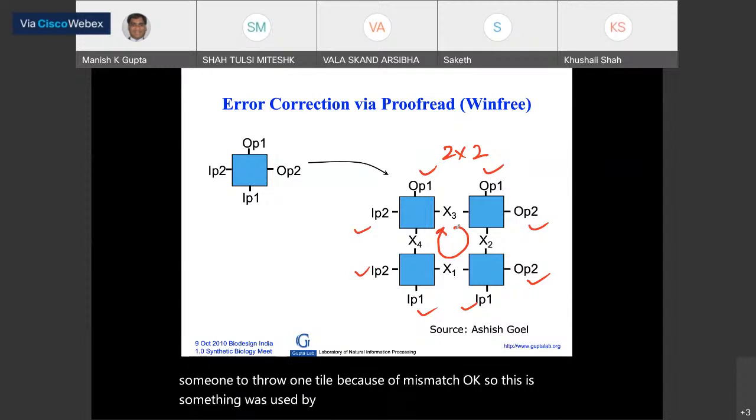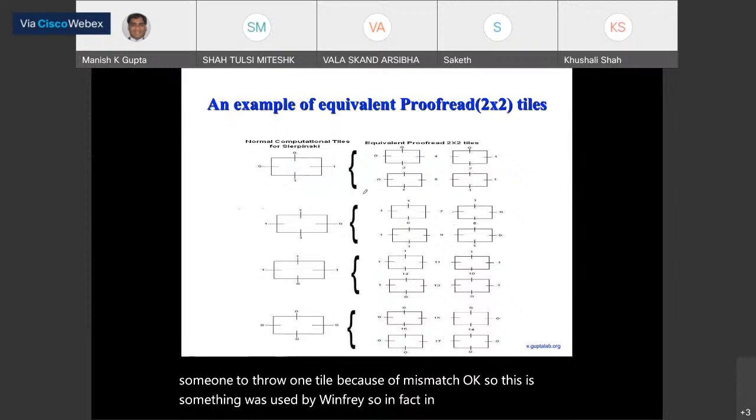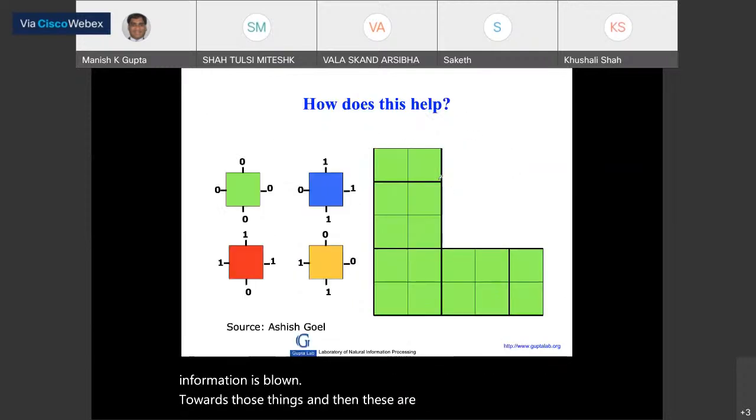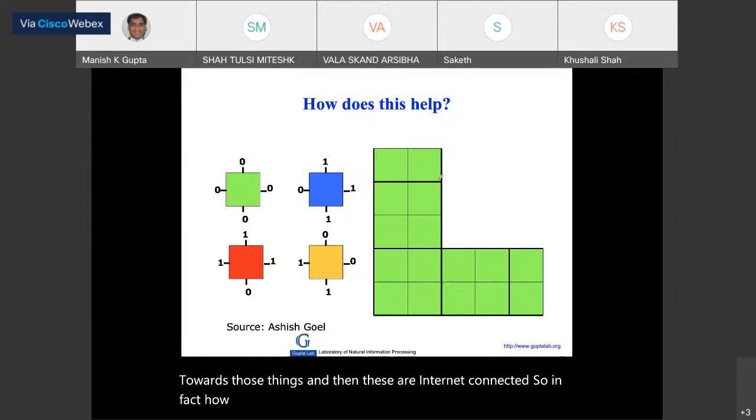So in particular, for example, for this Sierpinski triangle, these are the corresponding proofread tile sets. All this information is blown up, and then these are internally connected. So how this will help, let me explain to you. What happens now, each tile and the frame tile is replaced by four blocks.